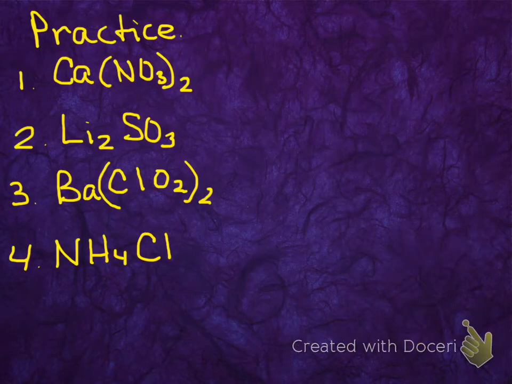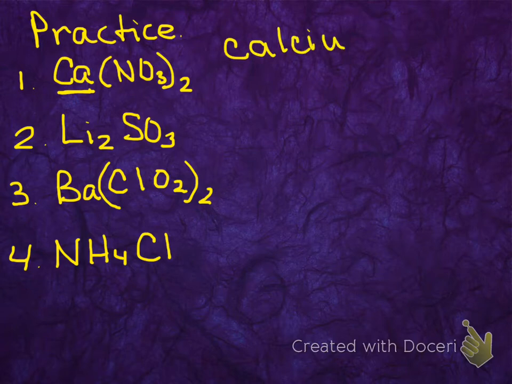So let's look at some practice problems. First problem, Ca(NO3)2. Okay, so we should recognize Ca as calcium. So we're going to write down calcium. And then we're going to look at what is inside parentheses only. So NO3. Look at your polyatomic ion chart.